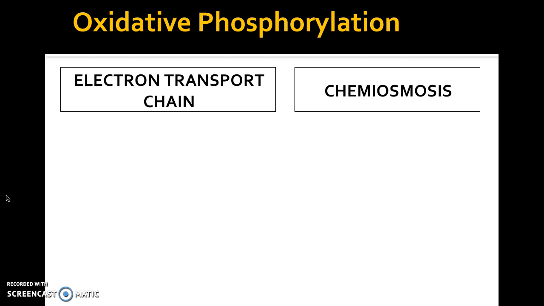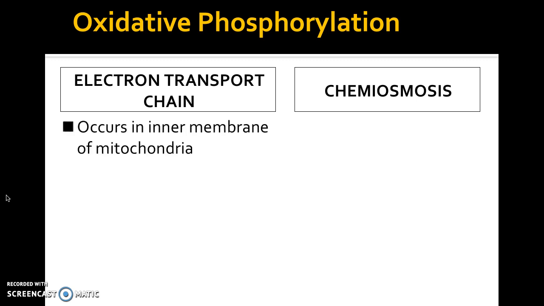So we have the electrons being taken, and also we have chemiosmosis. That's essentially where the ATP is made, and it's through a process of using hydrogen or a proton to fuel a protein to make ATP. So let's break it down just a little bit.